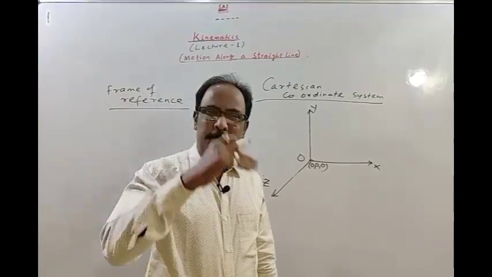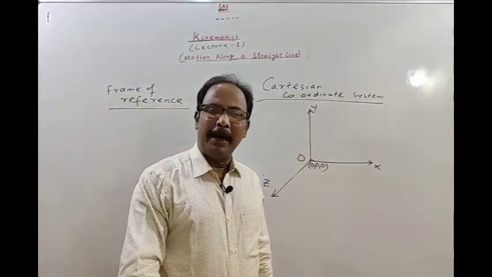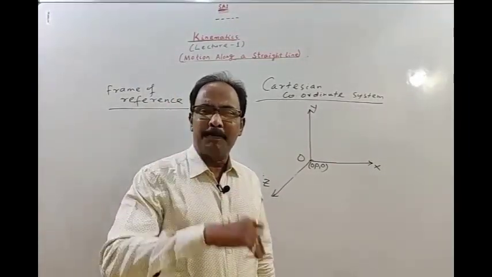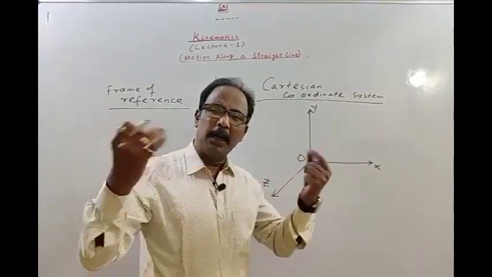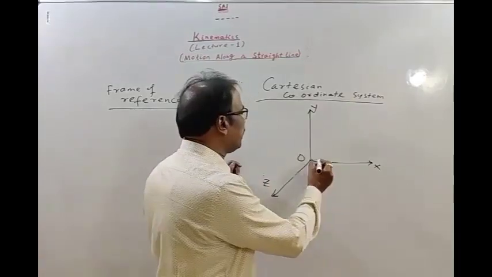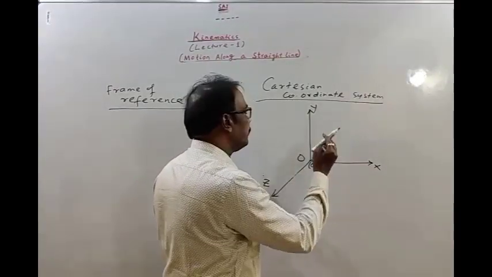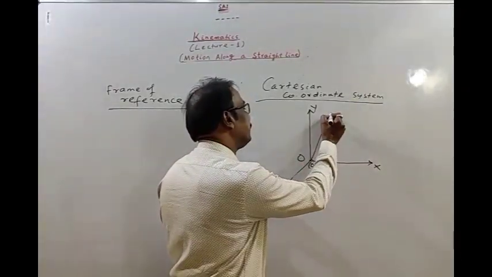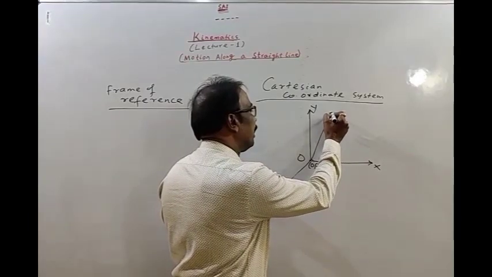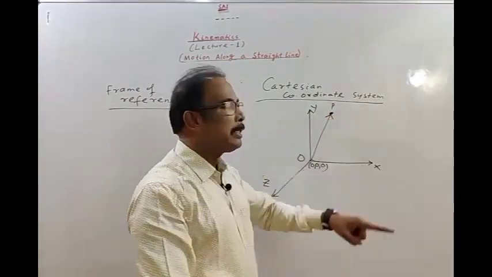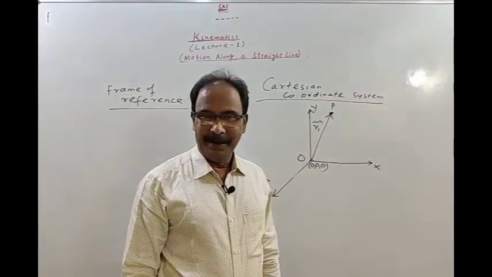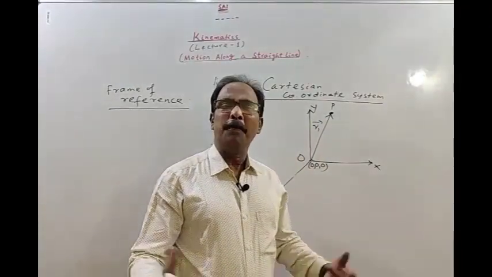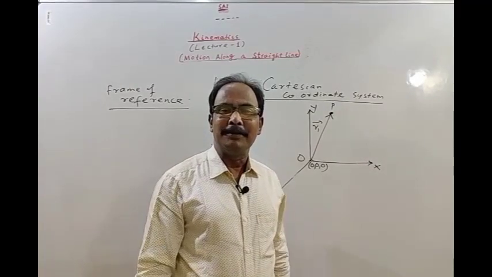The position vector shows the position of a point or an object in space with respect to the origin, and the direction of the position vector is from the origin to the position. So I am representing this position vector and this point in space. Let this position vector be R1. Then how is the position vector determined?